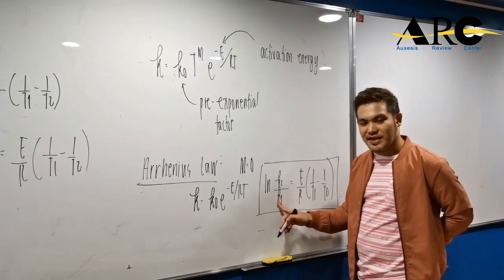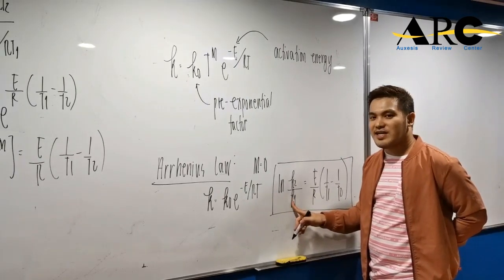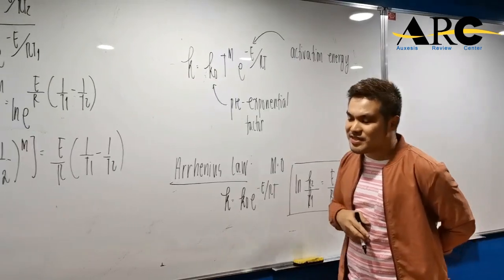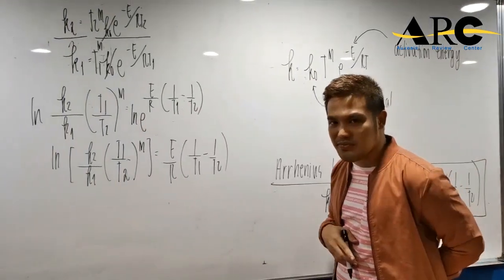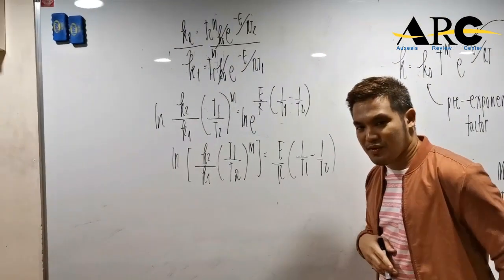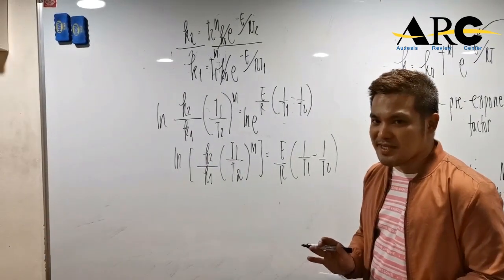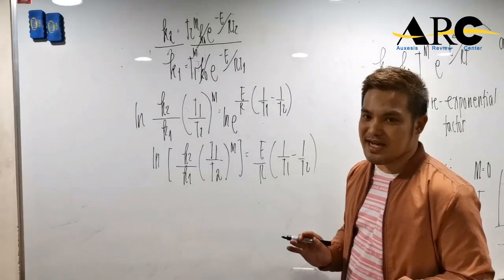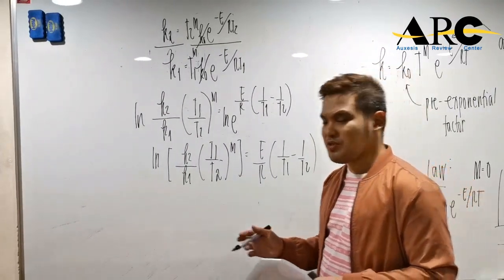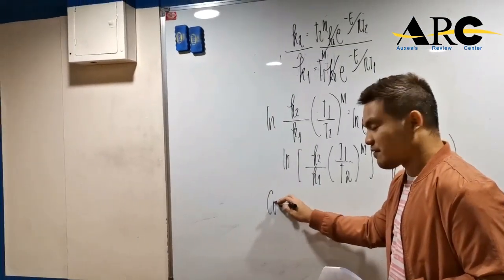So, ayan yung formula ng Arrhenius law. So, wag kakalimutan, bukod sa Arrhenius law, meron tayong tinatawag na transition state theory and collision theory. So, sinasabi naman, kung ang pag-estimate natin ng K is using collision or transition state.